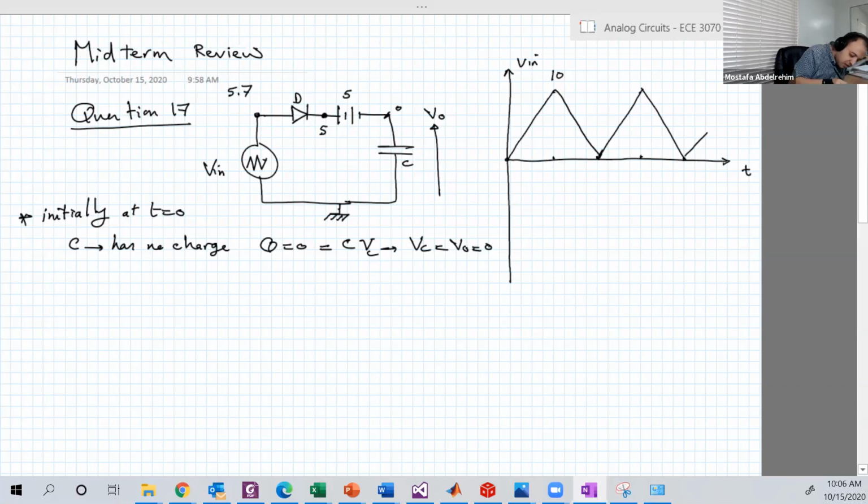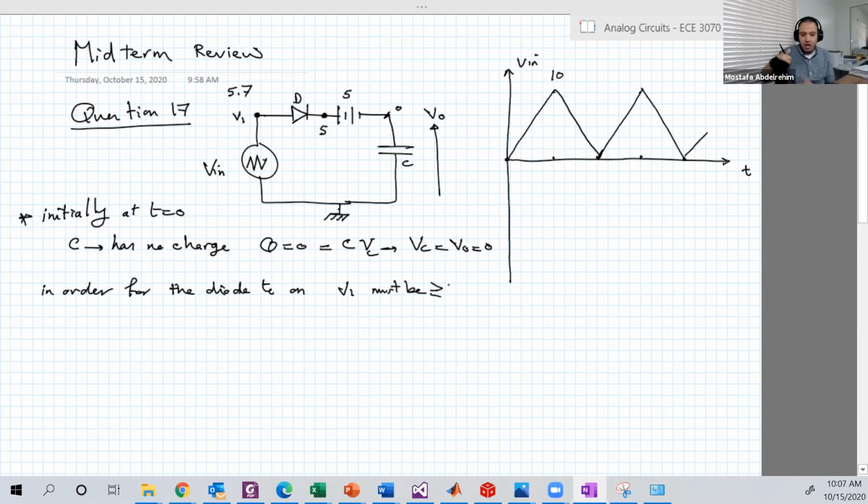Let's call it V1, for example. In order for the diode to be on, V1 must be larger than or equal to 5.7.